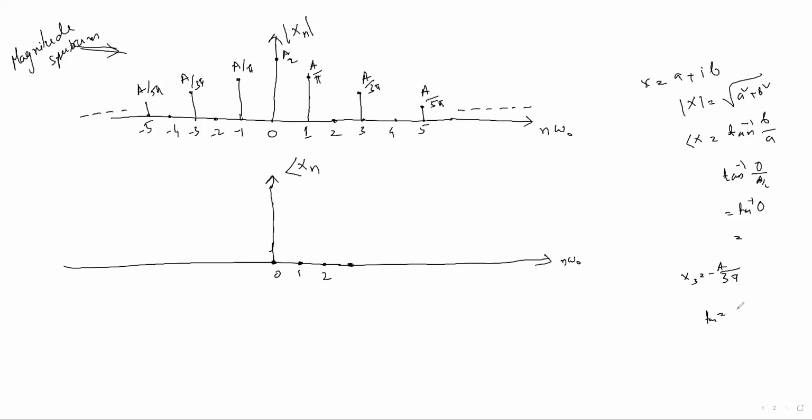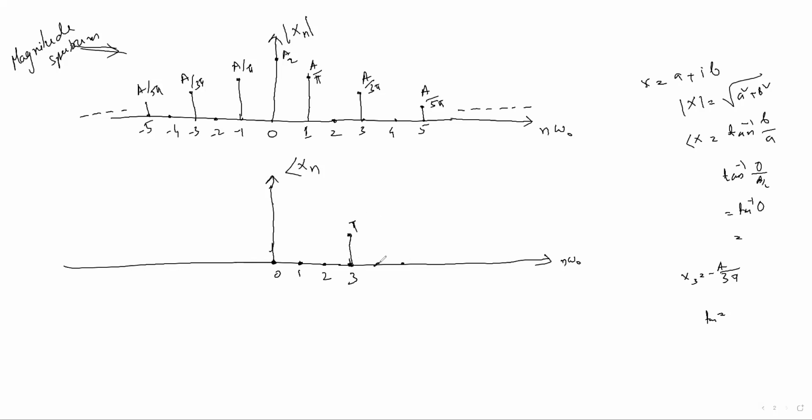Can anybody say? If the minus sign is there, what will be the value? It is 180 degrees. Okay, this you can write as pi.